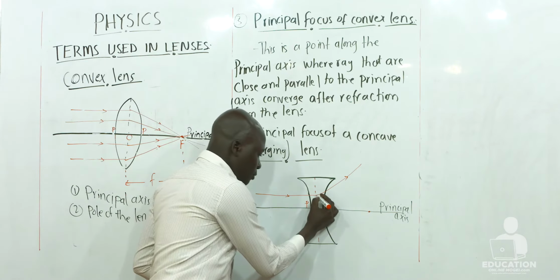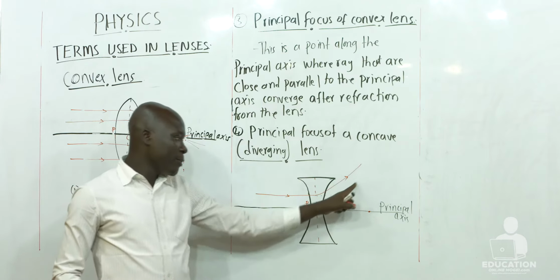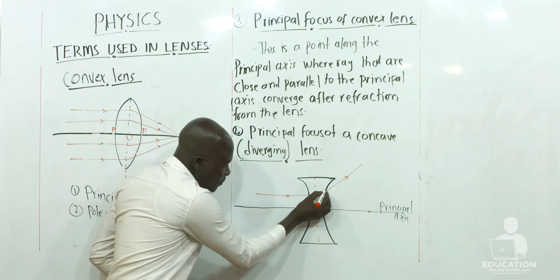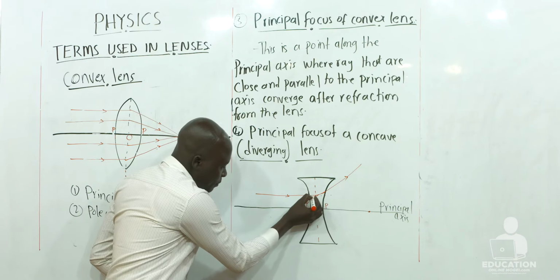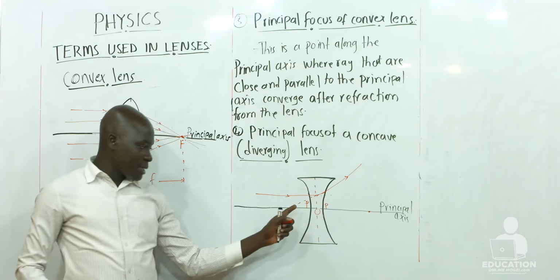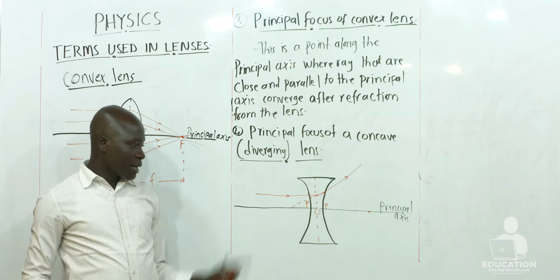It was supposed to travel in this straight line, but it will be refracted away from the normal. So this refracted ray will appear like it's coming from a certain point on the principal axis.